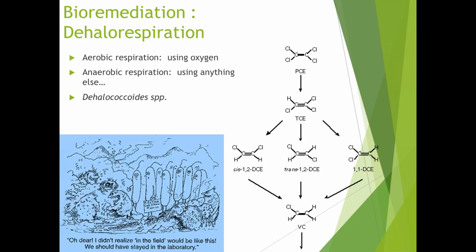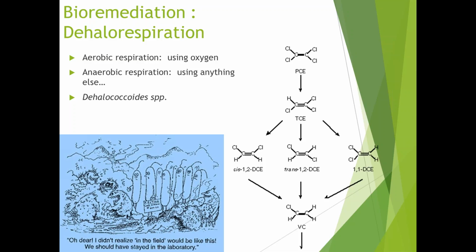So when this process is occurring optimally, the bacteria are reducing our contaminants through respiration while consuming various substrates. Our primary line of evidence then is the reduction of our parent contaminants. PCE has 4 chlorines.